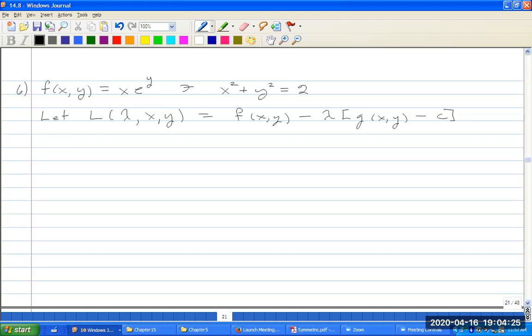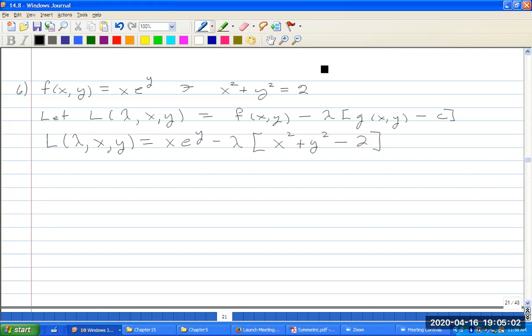Okay, so L of lambda xy is equal to, in this case, x e to the y minus lambda g, which is x squared plus y squared minus 2. Basically, you're finding the zero set of this constraint equation, of this constraint function.